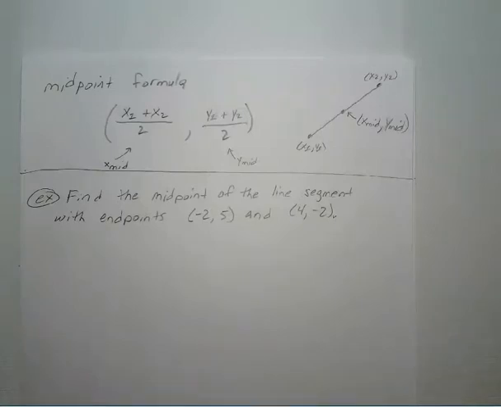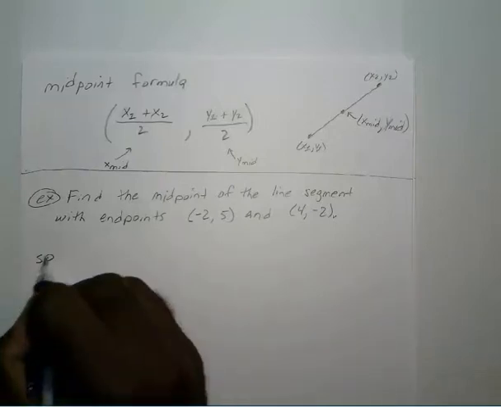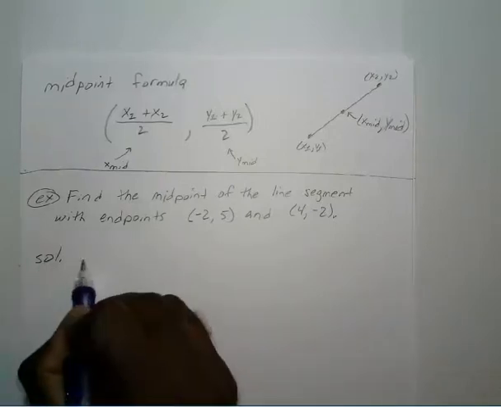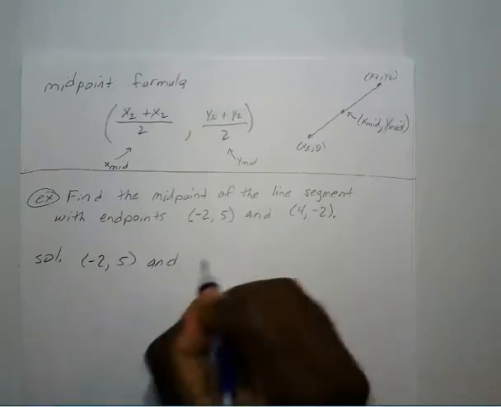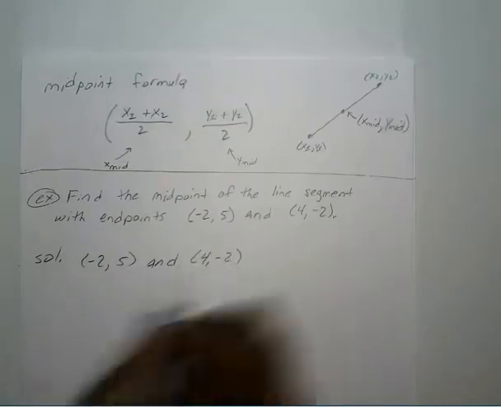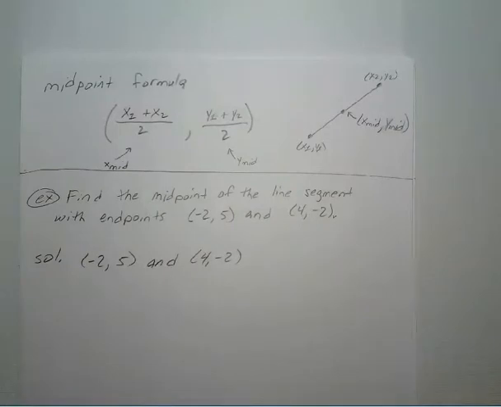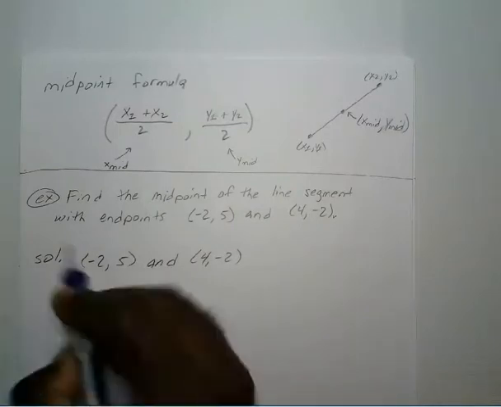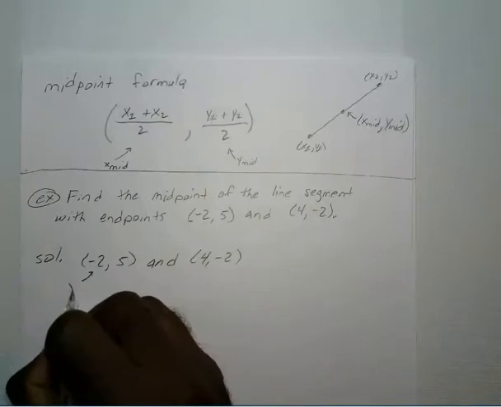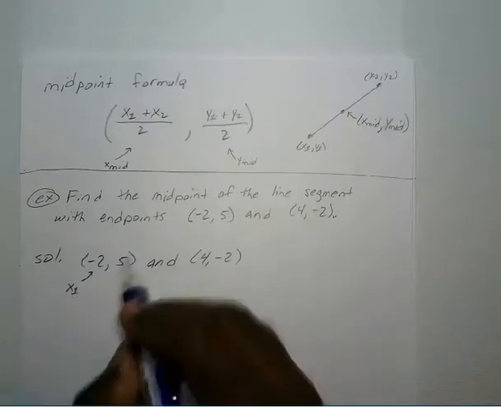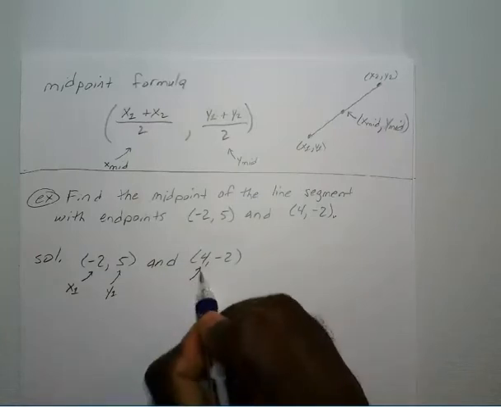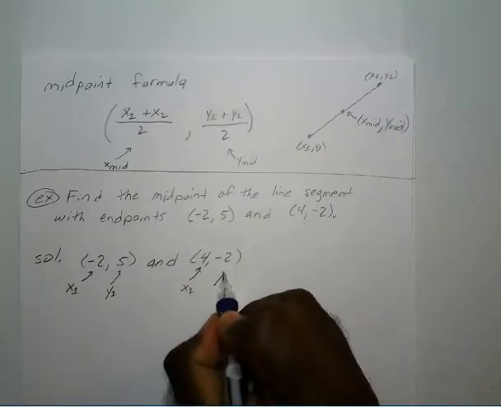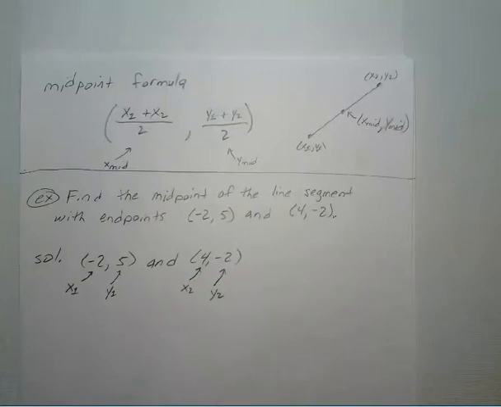Solving this is almost identical to solving for the distance, where the first thing you want to do is get your points and assign your x1, y1 and your x2, y2. Again, I'm just going to make this our x1, this our y1, this our x2, and that our y2.